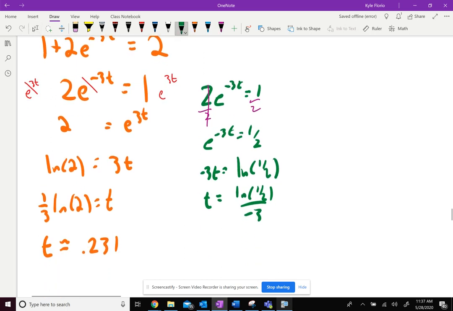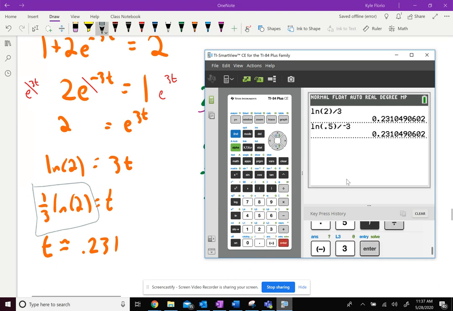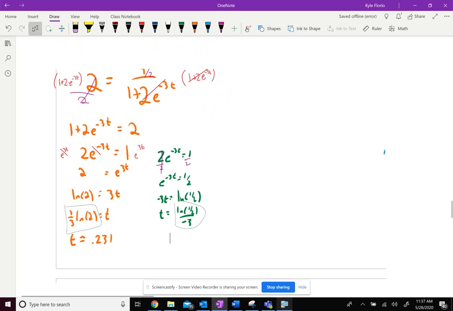These are actually equivalent, believe it or not, and I can show you right here. If I did the natural log of 1/2 divided by negative 3, I'll still get that same 0.231. So it's the same. Either one of those ways of solving, you would have got the same number.